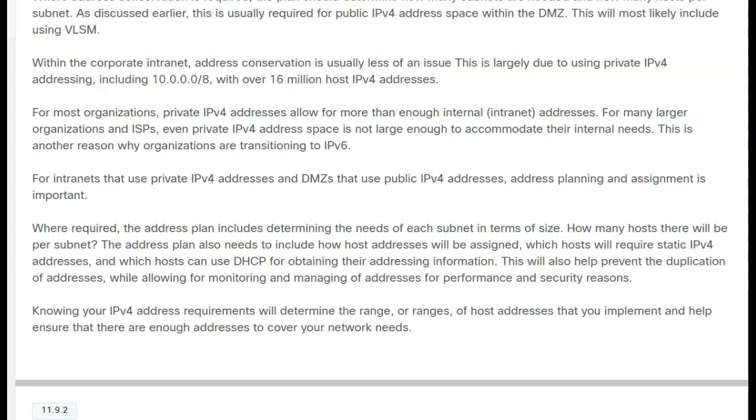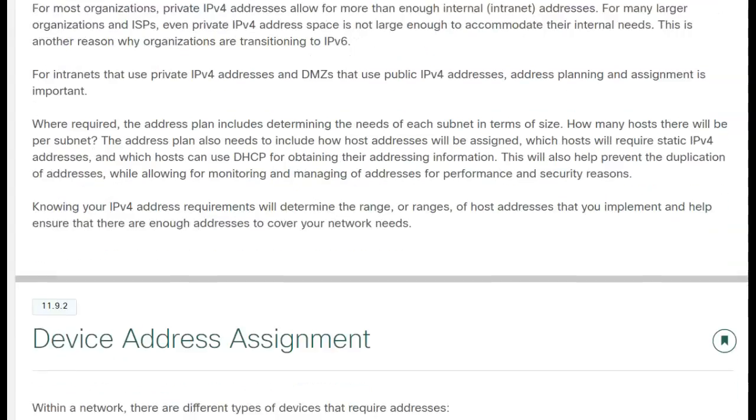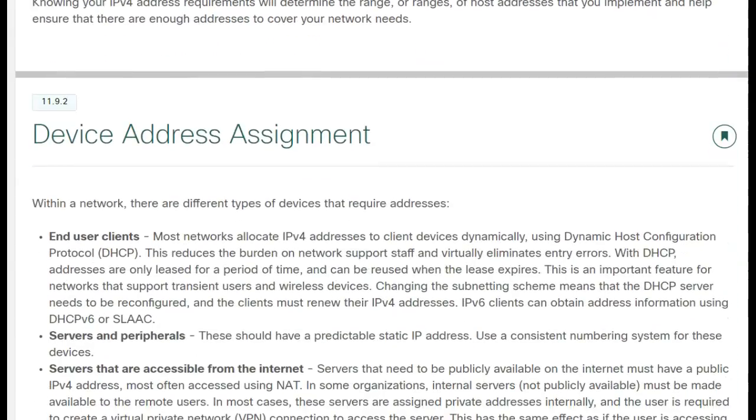Because you're going to say which of the hosts is going to need DHCP, which ones are going to have to be statically assigned, because there's some things for security reasons you don't want addresses to servers to change. So you may hard code that versus let DHCP set that up.